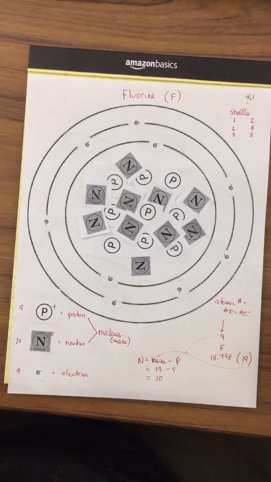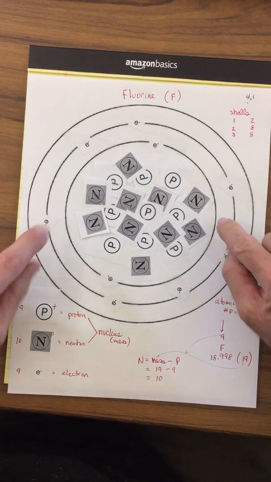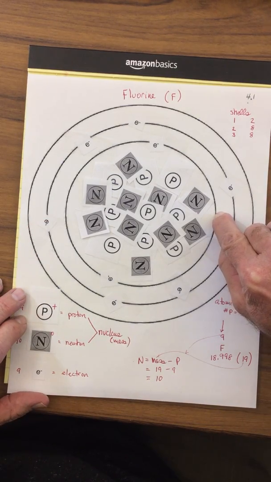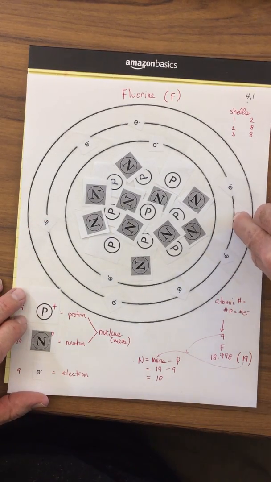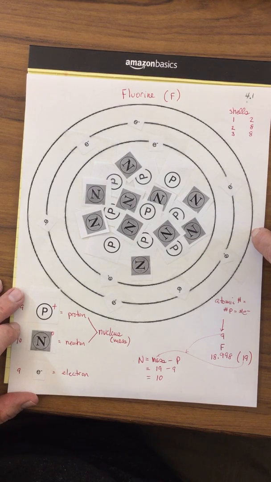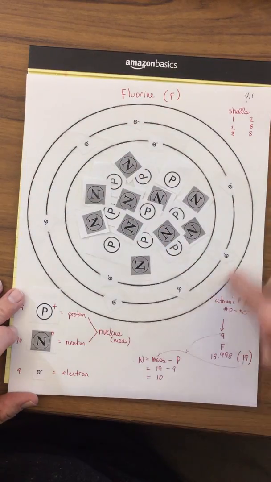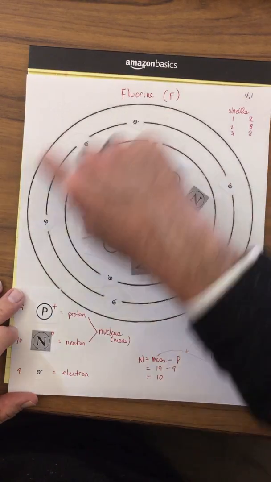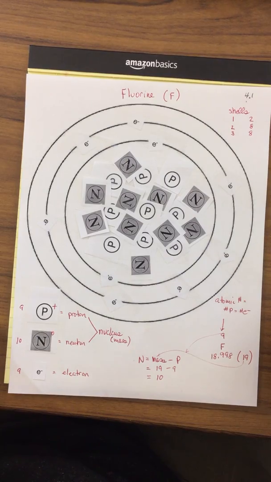How would you fit 11 electrons within the first 3 shells? 2 in the first, 8 in the second. We can fit up to 8, but we don't have 8 more. It's element number 11. It's 2 plus 8, which makes 10. 1 more would make 11, and we'd have a lone electron going in this third shell right here. That's it for this lab.